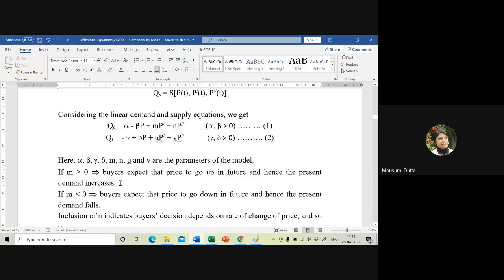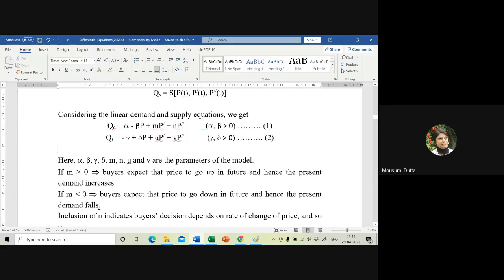I'll start to store because price will go up in future. If it is not a perishable commodity, I'll start to stock the commodity because price will go up in future. Alternatively, if m is less than 0, buyers expect that price will go down in future and hence the present demand falls.